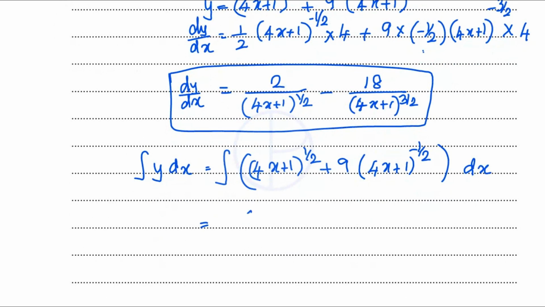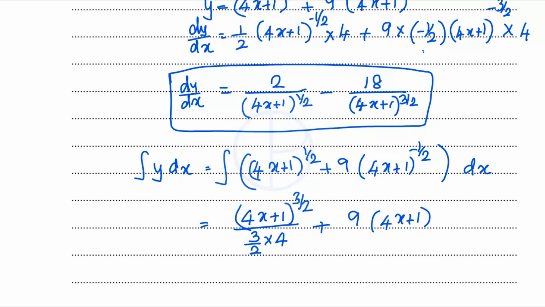Okay, so the base is 4x plus 1, increase the power by 1, so this will be 3 over 2, divided by the power 3 over 2 multiplied by the coefficient of x 4, plus 9 multiplied by 4x plus 1.